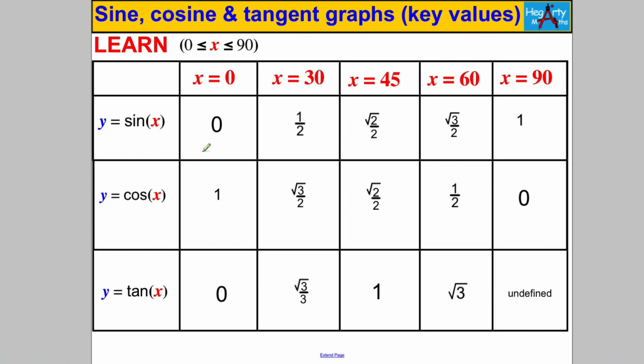You need to know all of these values, like sine 0 is 0, sine 30 is a half, sine 45 is root 2 over 2, sine 60 is root 3 over 2, sine 90 is 1, cos 0 is 1, cos 30 is root 3 over 2, cos 45 is root 2 over 2, cos 60 is a half, and cos 90 is 0. Lastly, tan 0 is 0, tan 30 is root 3 over 3, tan 45 is 1, tan 60 is root 3, and tan 90 is actually undefined, and that will help you draw the graphs.